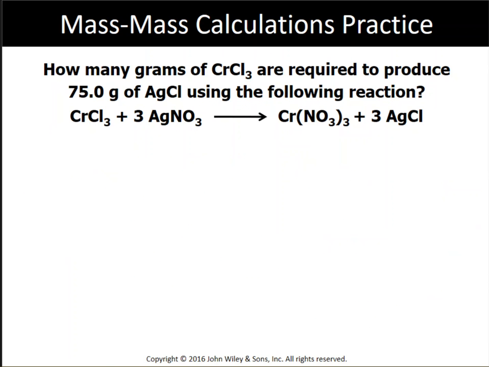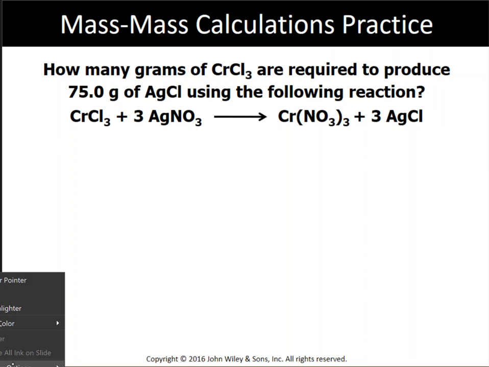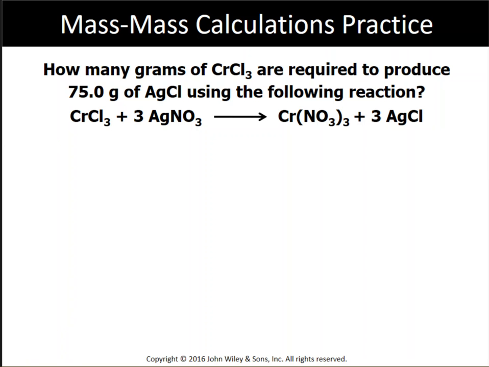How many grams of chromium 3 chloride are required to produce 75.0 grams of silver chloride using the following reaction? So mass of silver chloride is given, and we want to find the mass of chromium 3 chloride.